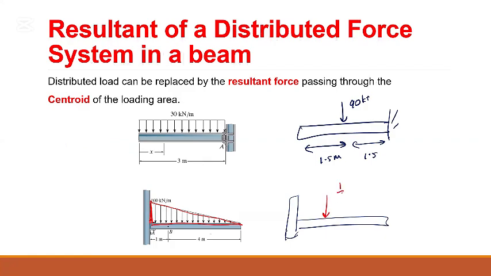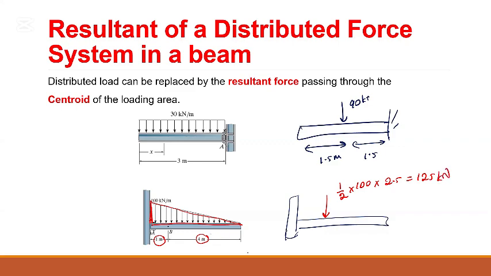So it's 250, half times base times the height, 5 times 100... 2.5 times 50, 125, isn't it?